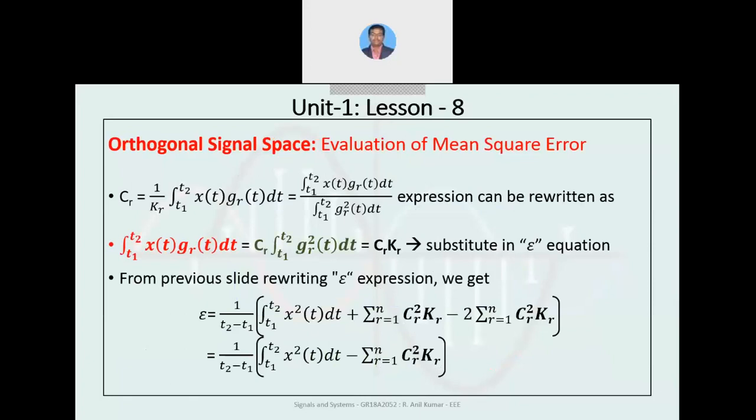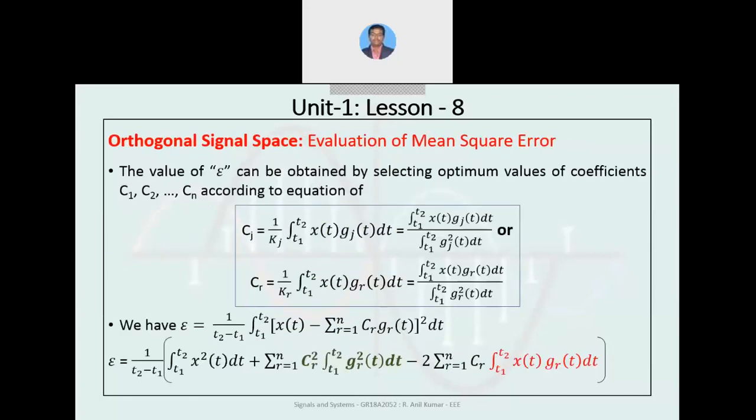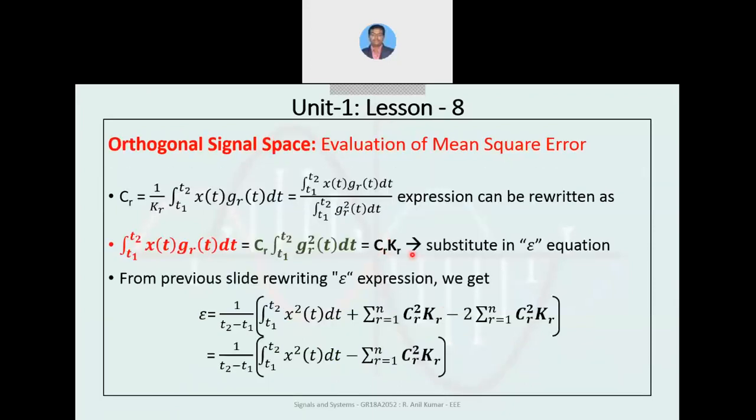Next, substitute in the epsilon equation. In place of integral t1 to t2 x of t into gr of t, we write cr kr, as we expressed x of t into gr of t as cr integral t1 to t2 gr square of t.